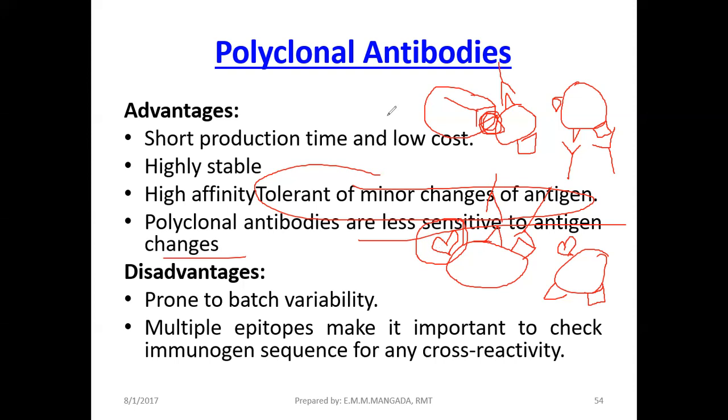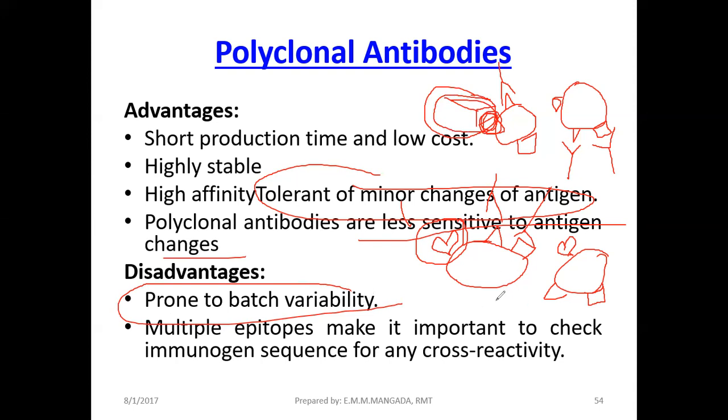And then for polyclonal antibody disadvantage, we have prone to batch variability. What if, for example, yung type lang ng mga antibody karamihan na na-produce dyan sa reagent mo ay yung antibody directed against this one? So, pwedeng hindi masyadong kita yung result. Paano kung puro square lang siya? Antibody against the square epitope.